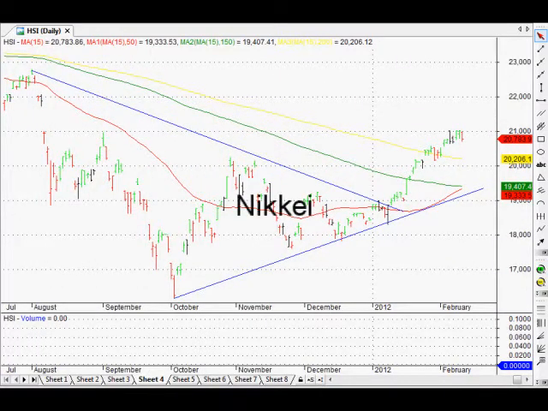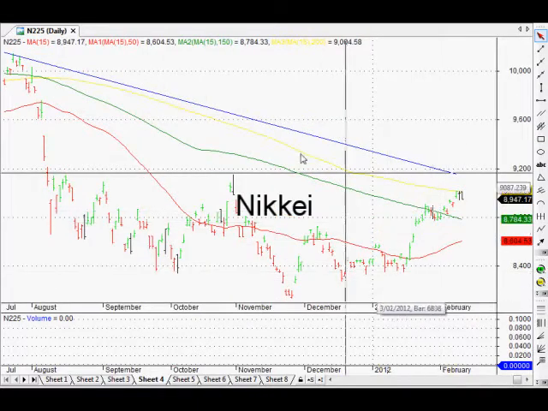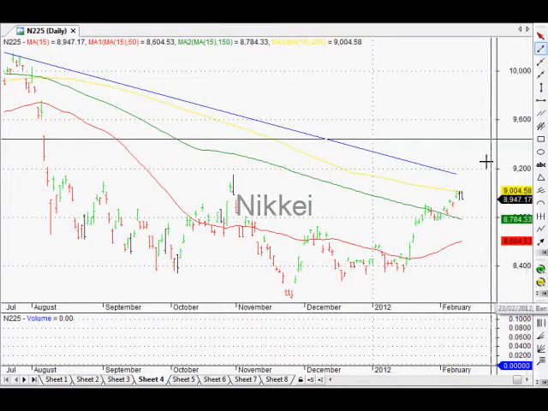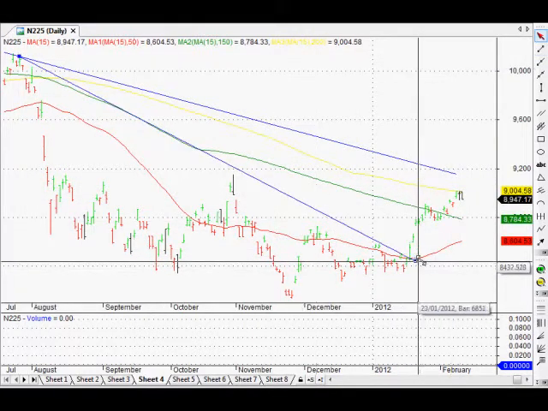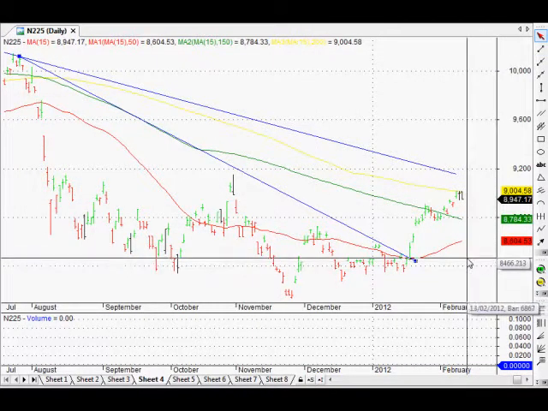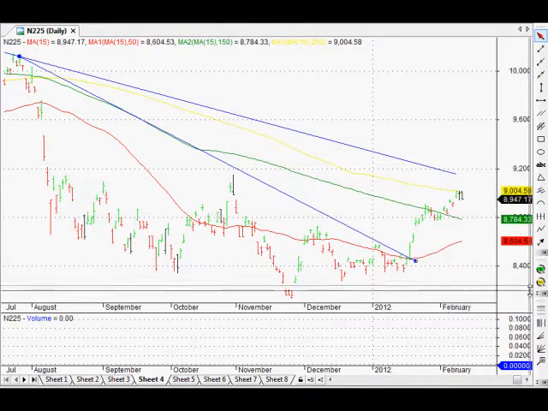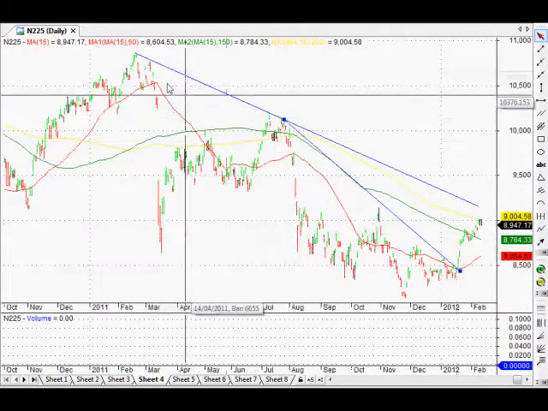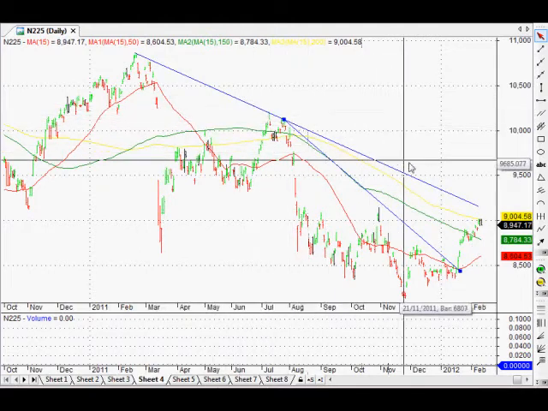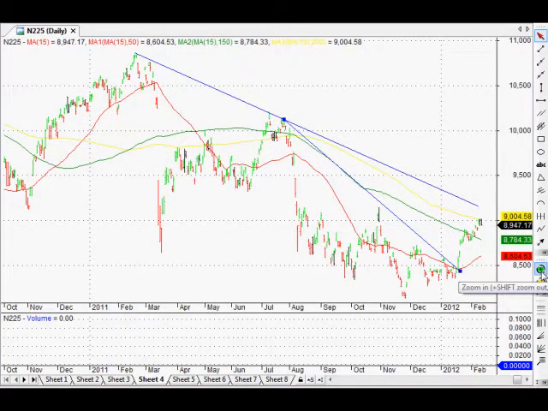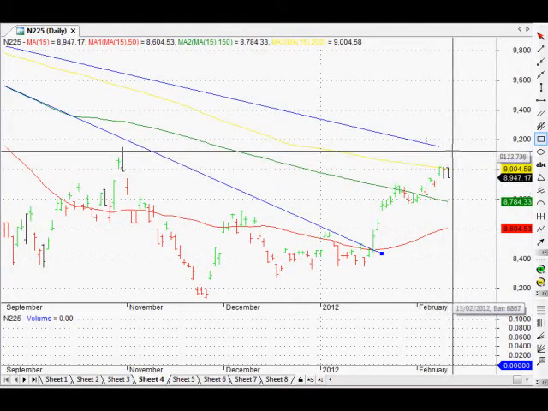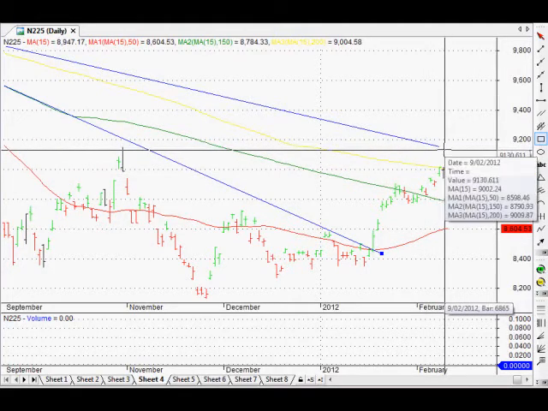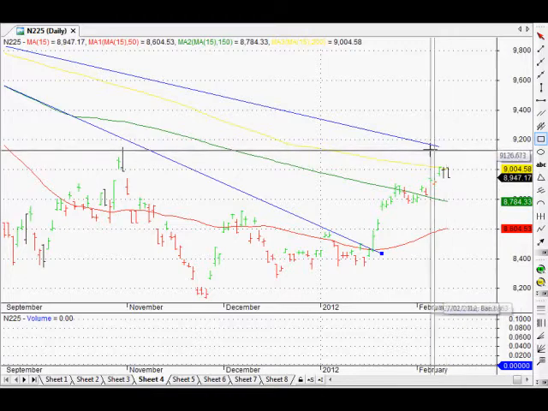What have we got next? Really quickly, the Nikkei. It has given us a short-term uptrend over the last couple of weeks. I haven't called it just because of this, see this bar, see this overhanging downtrend line. This is going to cause us severe resistance at this point. It's a tricky one, the Nikkei, because the world markets will tend to move together.